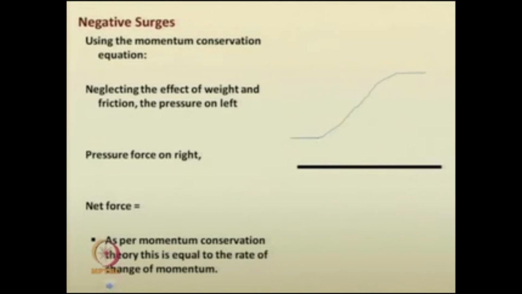As we worked out, dV by dy is equal to V w minus V bar by y, which we get from the continuity equation. Similarly, use the momentum equation for the same elemental strip, with depth y plus delta y.